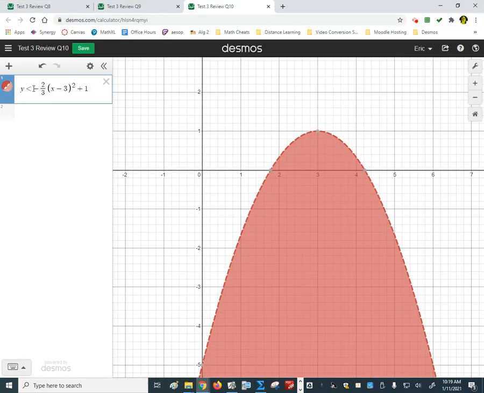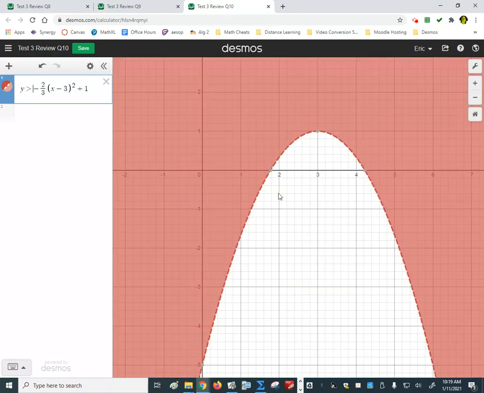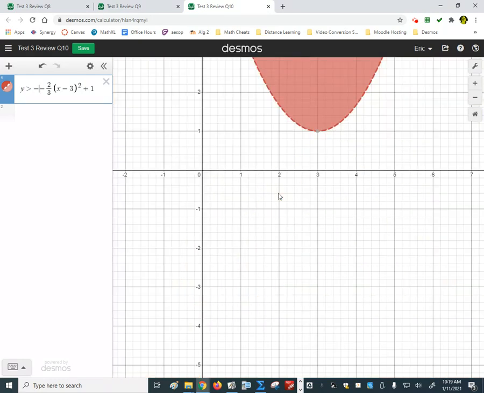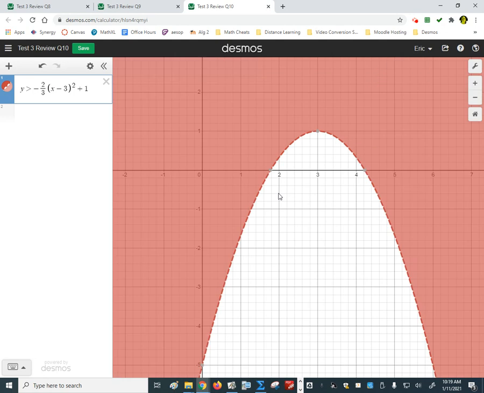So what if I change this, for example, to be greater than or equal to? Oops. Greater than or equal to. Now it gives me everything shaded above that, so it's kind of an equally bizarre looking shape, right?